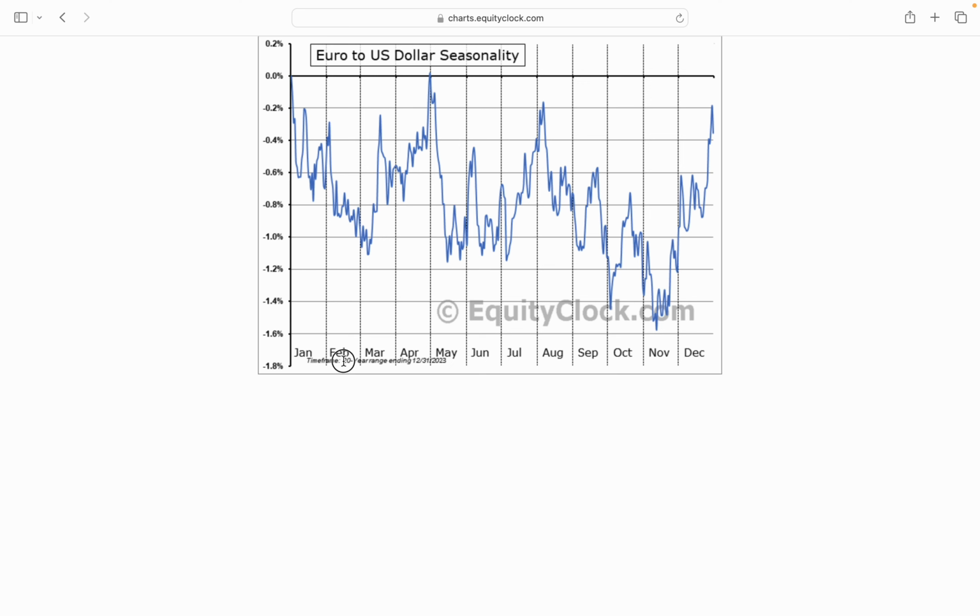This is the 20-year average of the euro dollar on a seasonal basis. Season is 12 months. So we have a bear season, a bull season, a bear season, a bull season, a bear season, and a bull season throughout the year.